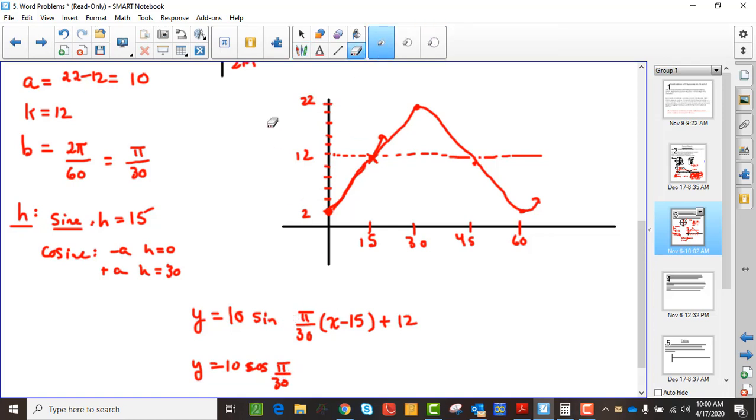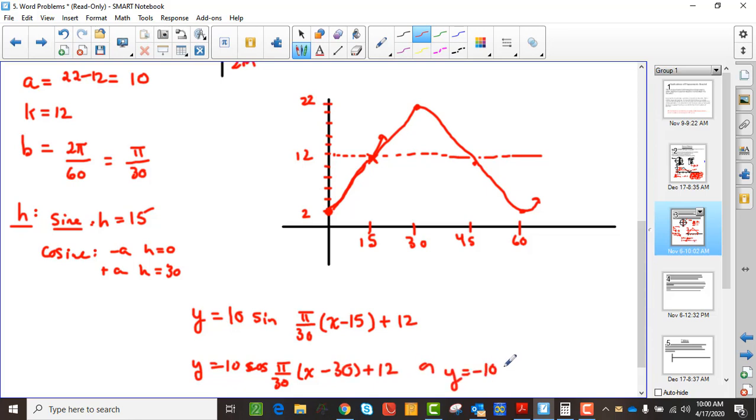It's just sin. So we have cosine of pi over 30, x minus 30, plus 12, or y equals minus 10 cosine of pi over 30 x plus 12. So that's our equation.